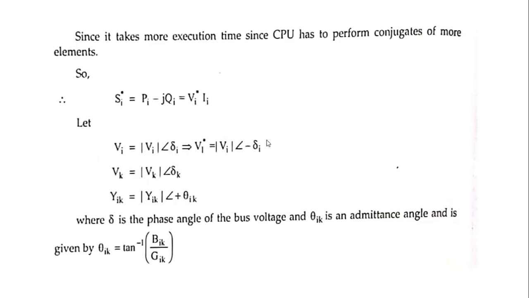Conjugate we are considering as the minus. Next Vk, magnitude Vk at angle delta k. Next Yik, magnitude Yik at an angle of theta ik. Then theta ik equal to tan inverse of Bik by Gik.